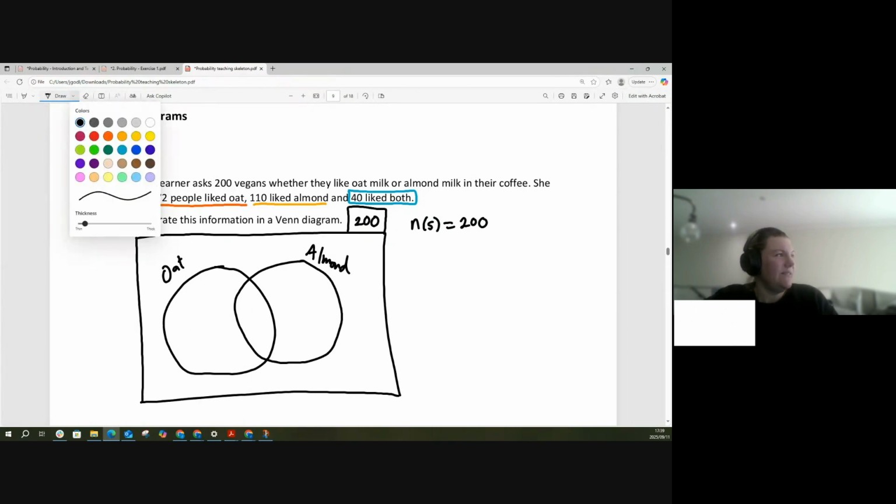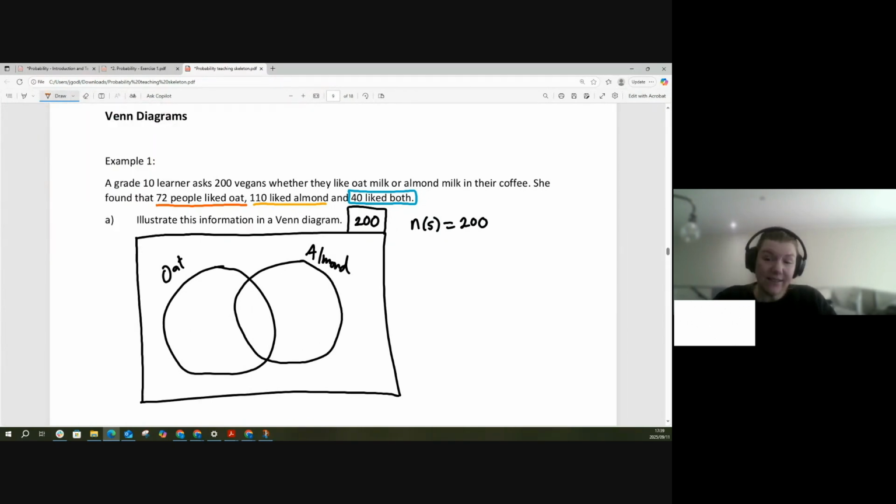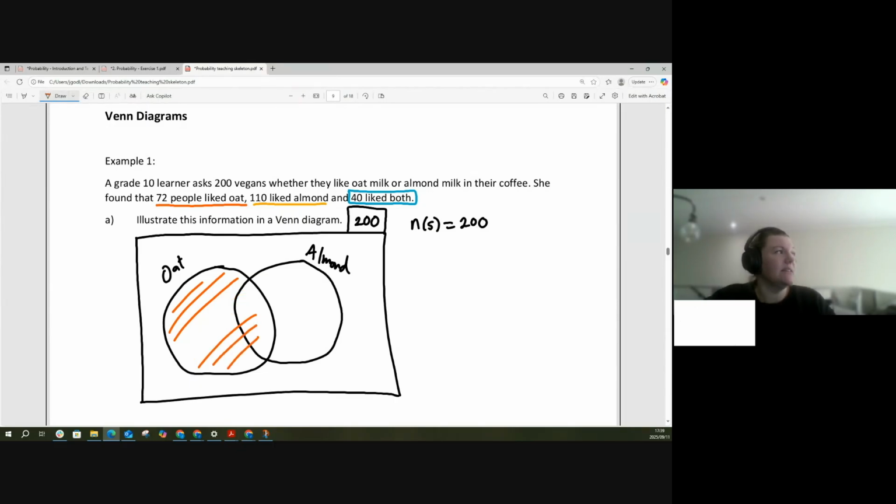So let's start filling this in. We've got 72 people who liked oat. So that means that this full orange circle, those are all the people who like oat milk, right? And there are 72 of them. So I'm going to write 72 for the moment.